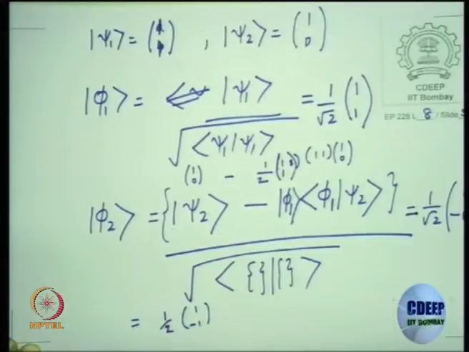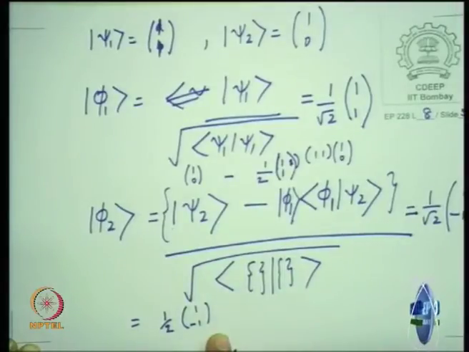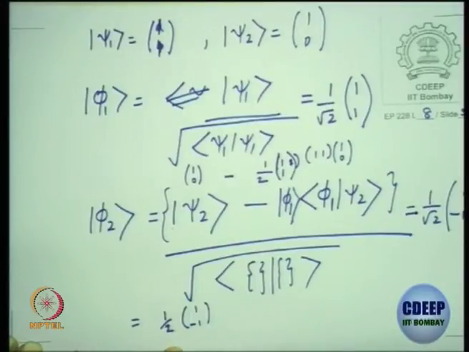Numerator, but that is not normalized, right? If you do that, it is 1 by 4, 1 squared plus 1 squared, but 1 by 4. So, this gives you what?